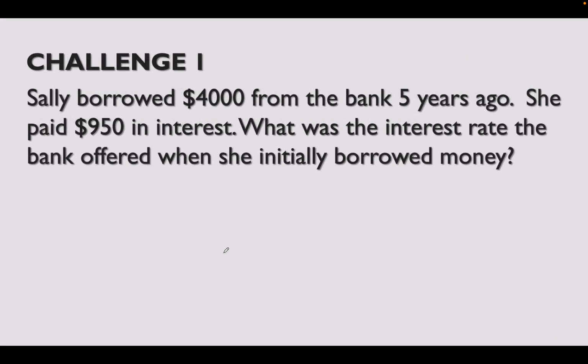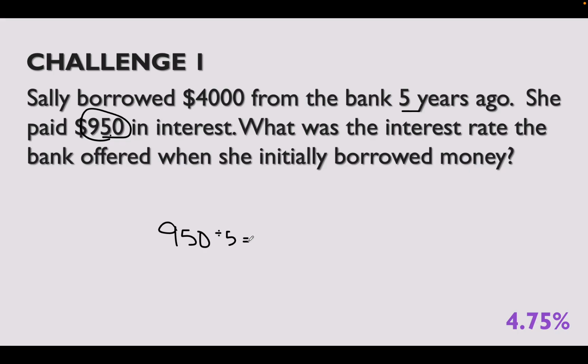Here's a couple challenges to give you a try if you'd like. Pause if you would like some time to solve this one. This one is going to be 4.75%. You need to know that this 950 is after 5 years. So the first thing you would have to do here is actually divide 950 by 5 to figure out the amount of interest in 1 year.